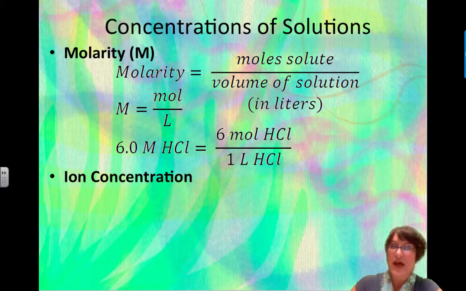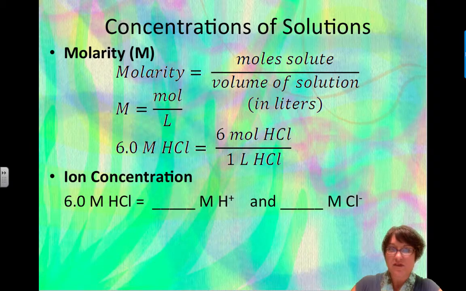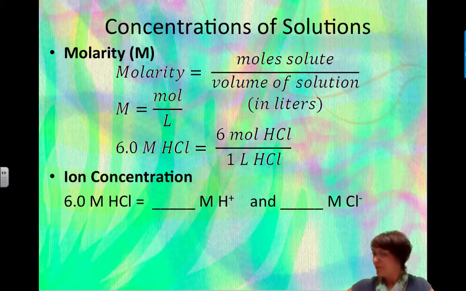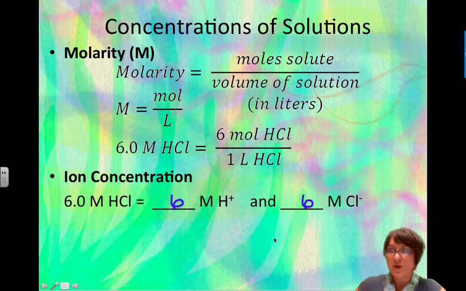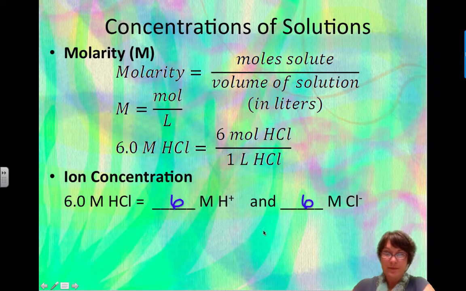Well, the truth is there's not, because hydrochloric acid completely ionizes in solution. That means in 6 molar hydrochloric acid, there are 6 moles per liter of hydrogen ions and 6 moles per liter of chloride ions, because it completely breaks apart when it dissolves in water.